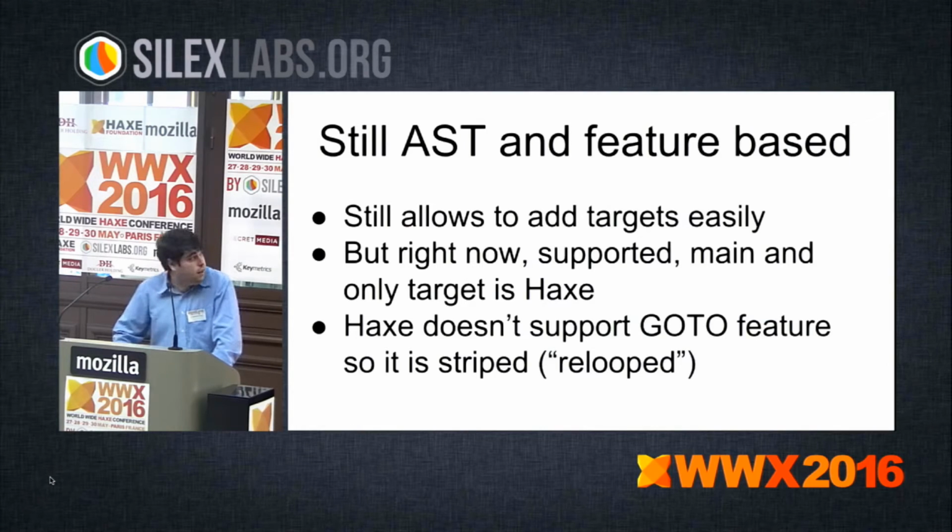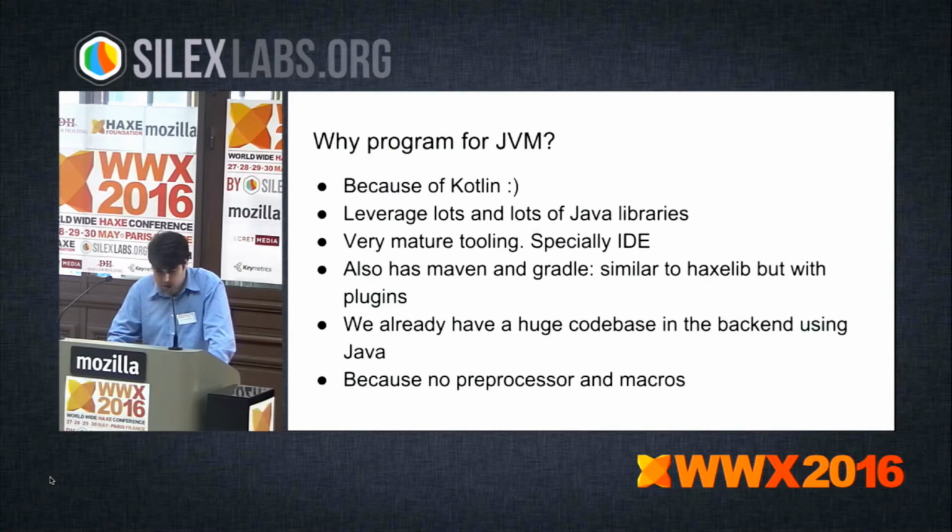It's still AST and feature-based, but the only supported target right now is Haxe. And because Haxe doesn't support Goto, it tries to reconstruct it, generating ifs, else, whiles, and so on.